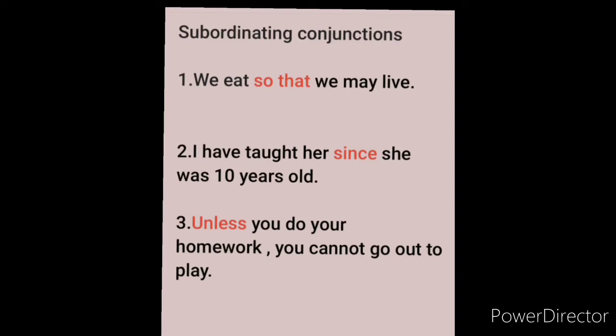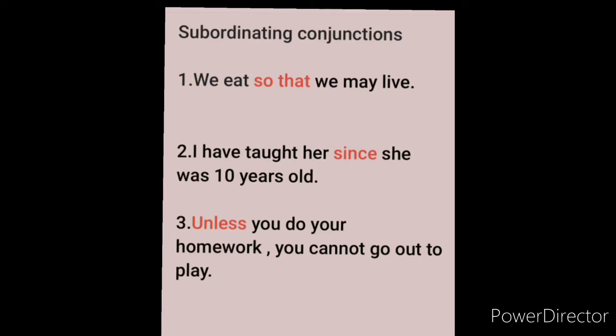We eat so that we may live. Students, you can see that so that is the highlighted word. And why is it highlighted? Because it is a subordinating conjunction. We eat so that we may live.